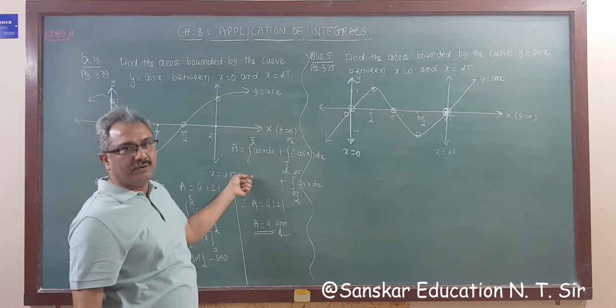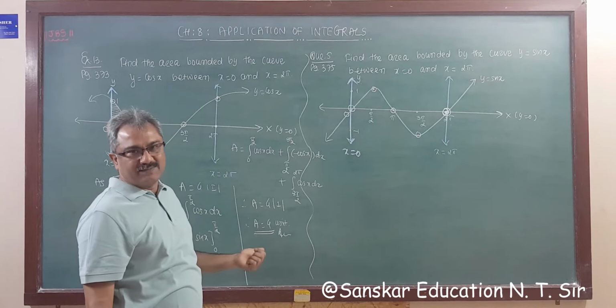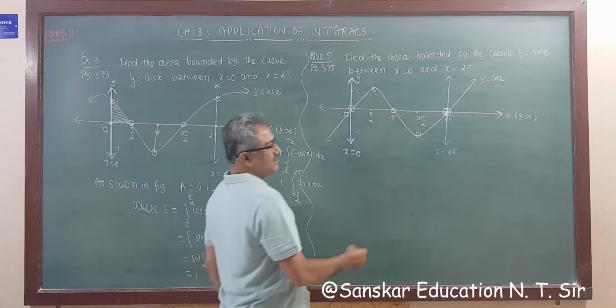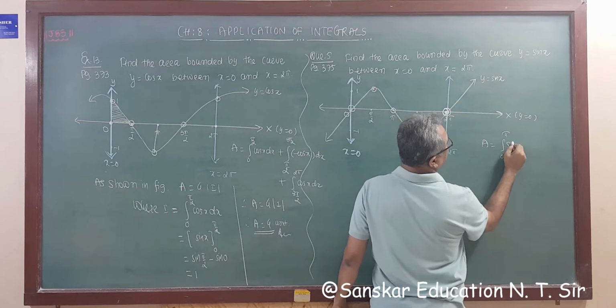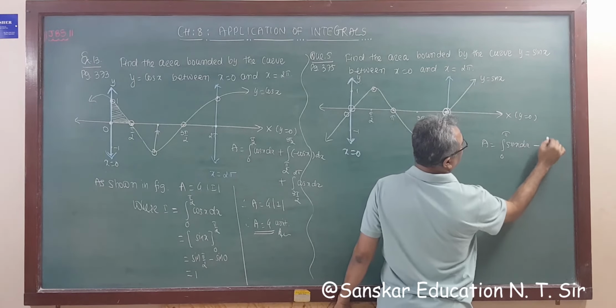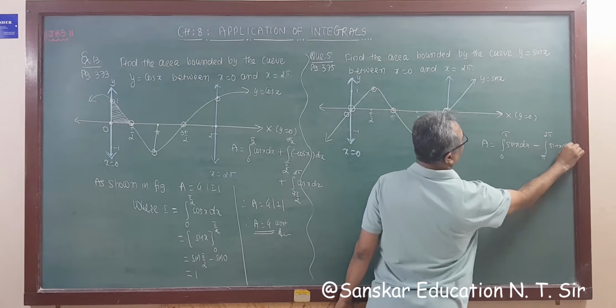If you want to solve like this, then you know in the first two quadrants sine is positive and in the third and fourth sine is negative. So you can go like this also, that A is equal to integration 0 to pi sine x dx minus integration pi to 2 pi sine x dx. You can go like this also, right?